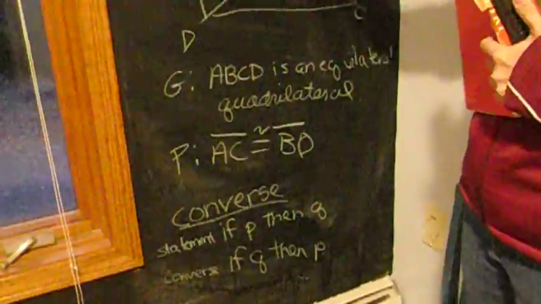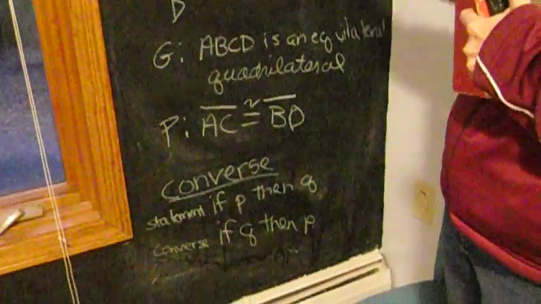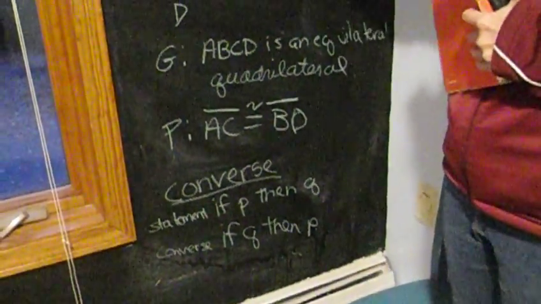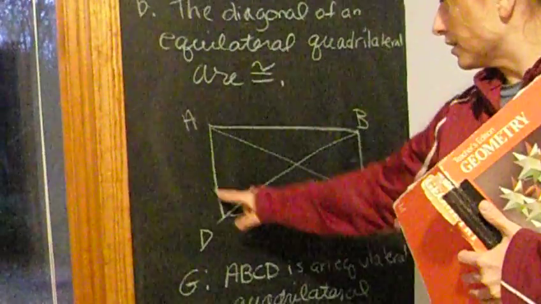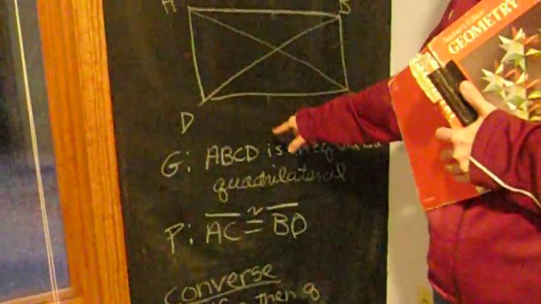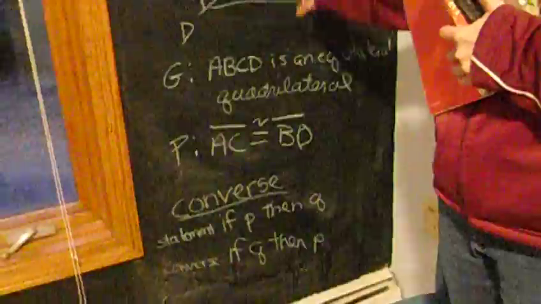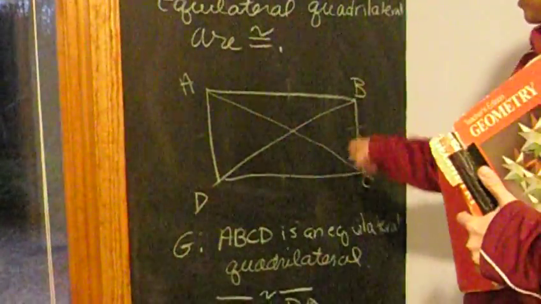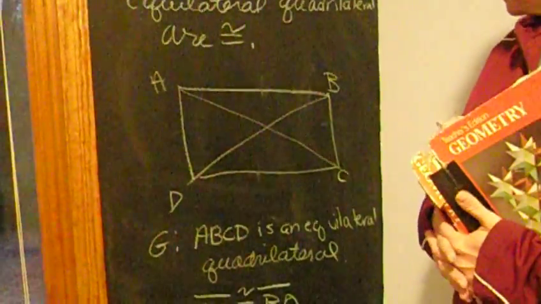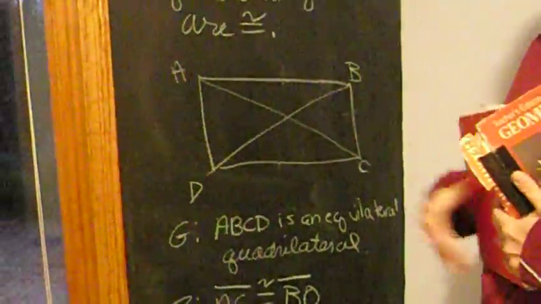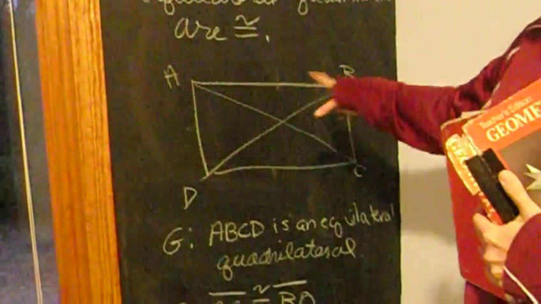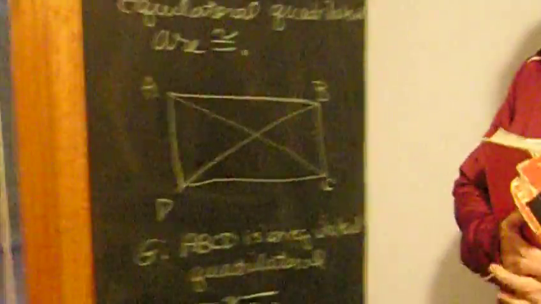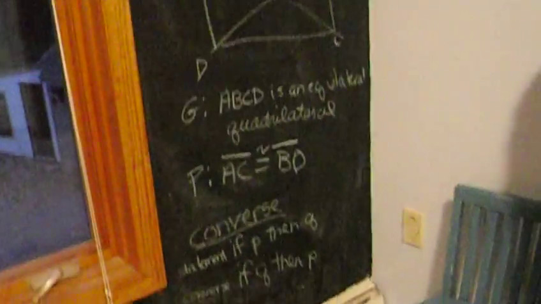So this is true, and to show it, we're going to write a given and a prove. Given quadrilateral ABCD. It's an equilateral quadrilateral, so I should have actually had lines on each side. That's not a good picture because equilateral means all the sides would be congruent. I drew those sides too long. But anyways, prove AC is congruent to BD.